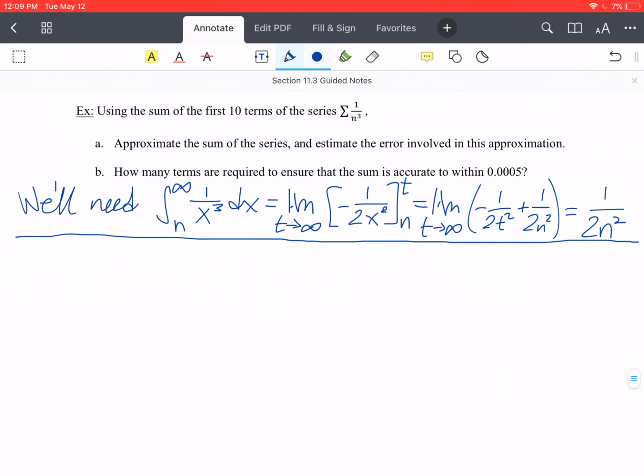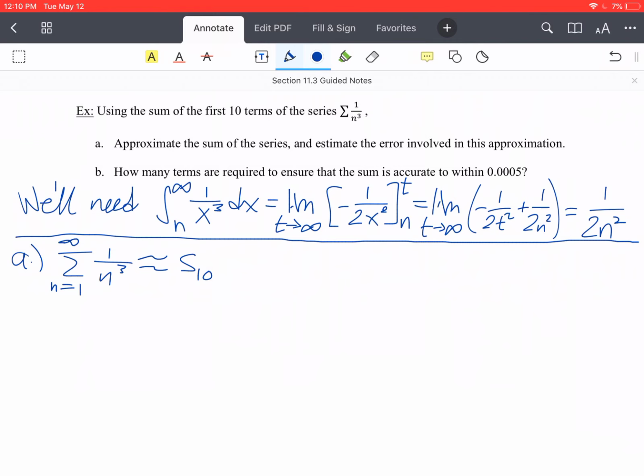Okay, so let's look at part A. Approximate the sum of the series. We could do this by hand if we wanted to, but we'll just use technology for this. So the series of 1 over n cubed is going to be approximately the 10th partial sum.